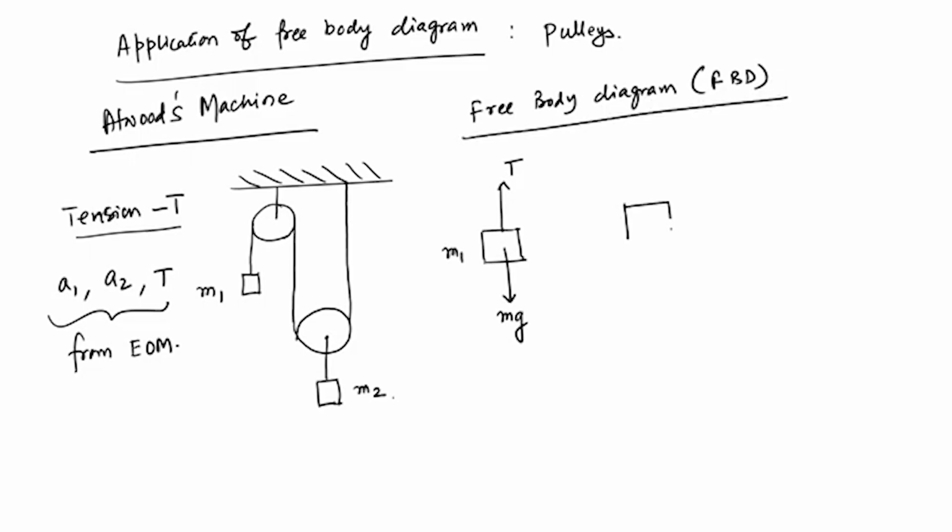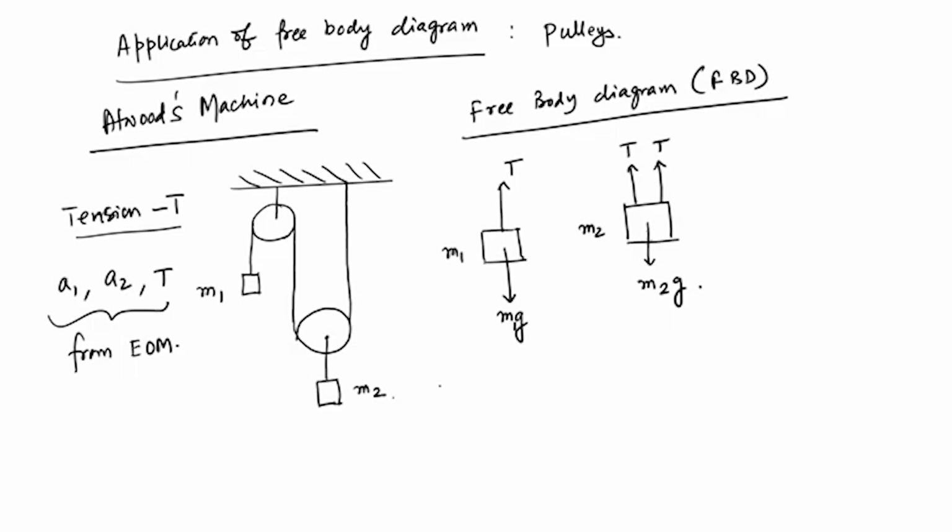For mass 2, you have two such tensions acting, which are the same, T and T, and the only force acting downward. So, I should write it as M1G and this is M2G. These are the free body diagrams for each one of those.